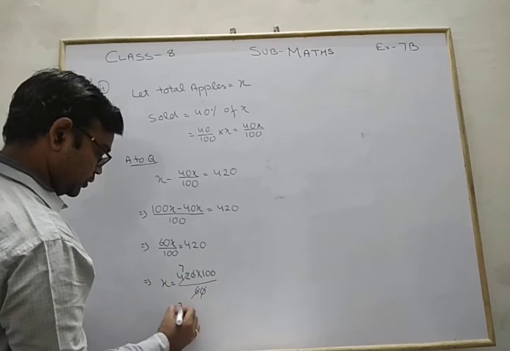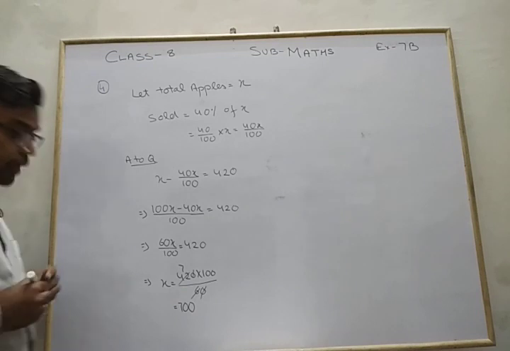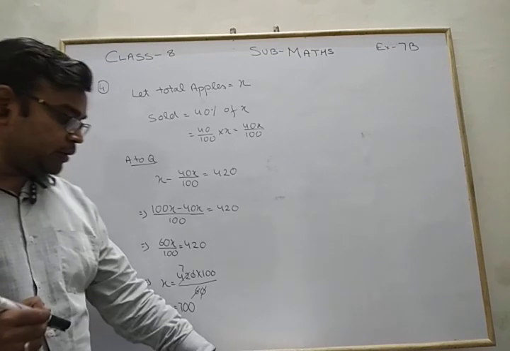It is a total of 700 apples that the fruit seller had. Clear?